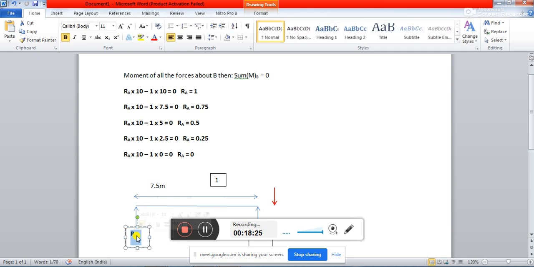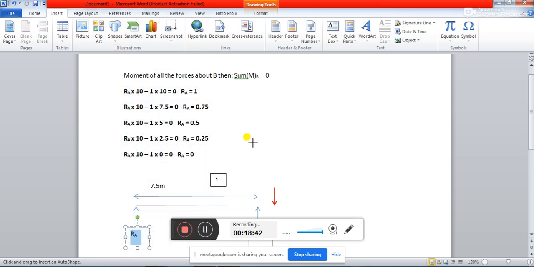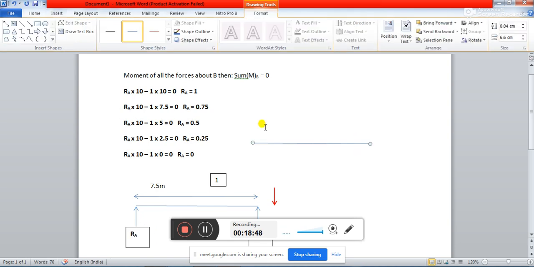Now if you plot this reaction quantity RA, which is the quantity I have mentioned in the quiz I have given, how do you find the influence line diagram of the reaction at A? It's very simple now. The length of the beam is 10 meter. At 0 distance, when the load has just entered at A, the value is 1.